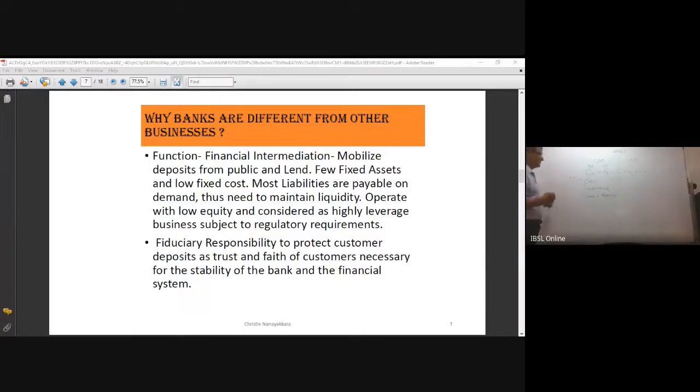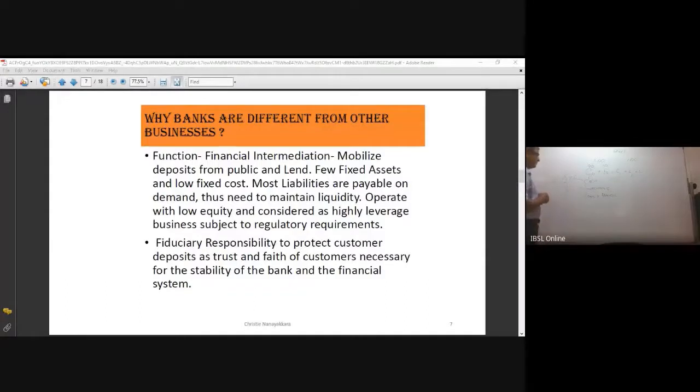Then they also say you need to maintain 21% of your total current assets in liquid assets. That means assets which can be converted to cash when there is a requirement.